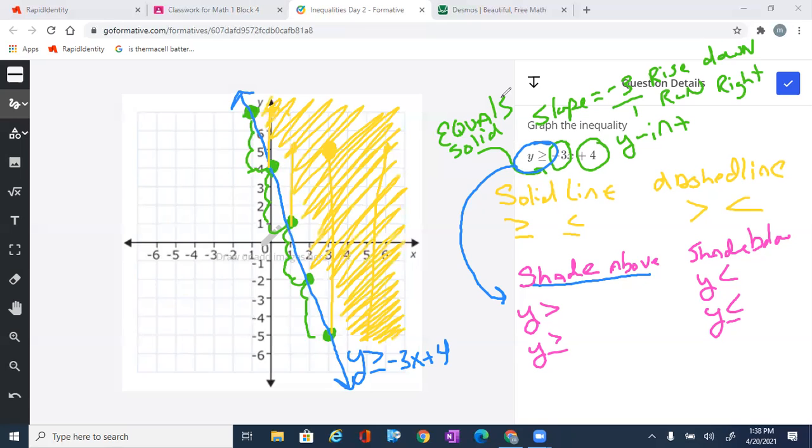Okay, now you'll notice that if I was to graph down here, I am below the line. And since we are below the line, these are not going to be answers because we are looking for where all the y values are greater than that line, and therefore we are going to shade on the right side of this graph or above that blue line.